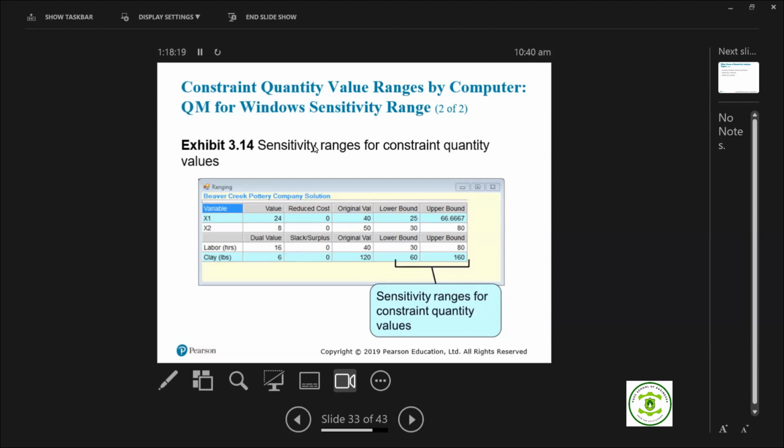In other words, if labor decreases beyond 30, the shadow price of 16 will no longer be correct. You have to re-estimate. But so long as it decreases but not below 30, then the value of an additional unit of labor will remain 16.